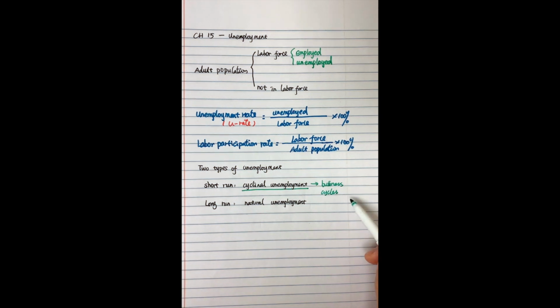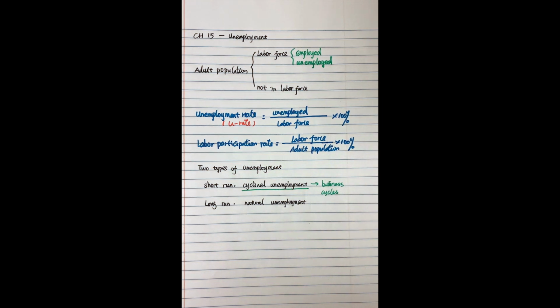The business cycle means the economy always fluctuates. Sometimes it prospers, sometimes the economy goes through downturns, right? So cyclical unemployment always fluctuates with the business cycle.